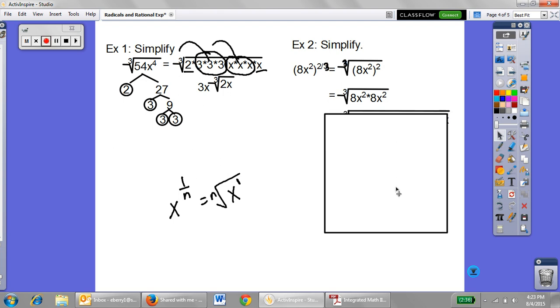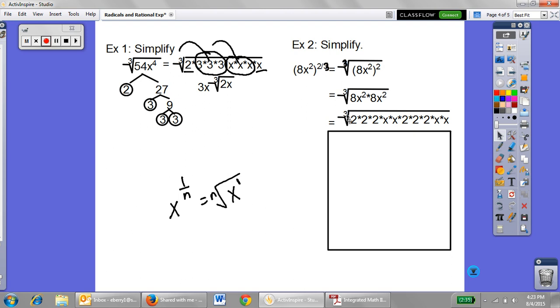Break those down into their factors. So 8 is 2 times 2 times 2 with x and x, and same with the second part. I need to circle groups of 3 because it says the cube root. So there's a group of 3. Here's another group of 3. And these x's, I'll circle them kind of like this. So there are 3 x's there, and that can come out.